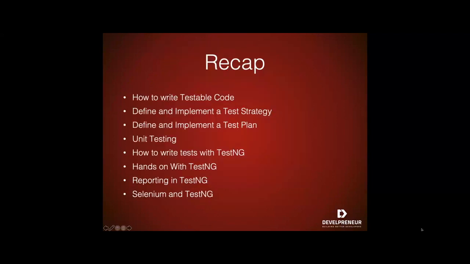To recap, so far in this series, we have covered how to write testable code, looking at ways of defining and implementing a test strategy and a test plan. We looked at using unit testing to test our applications and our software. We also looked at how to write tests using TestNG.